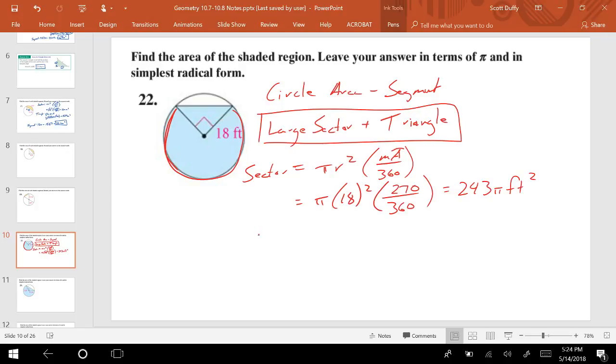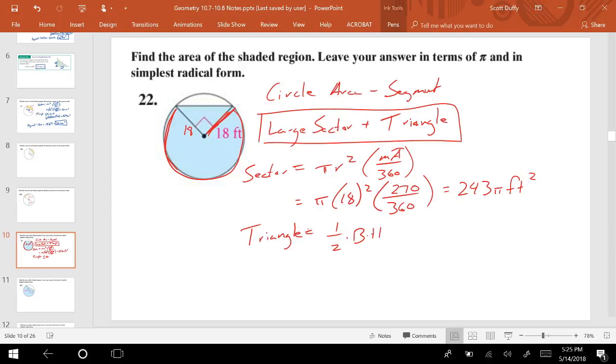Next, the triangle's area is equal to, well, if this is 18, then this is also 18, and they're at right angles. When they're at right angles, you can use 1/2 times base times height.